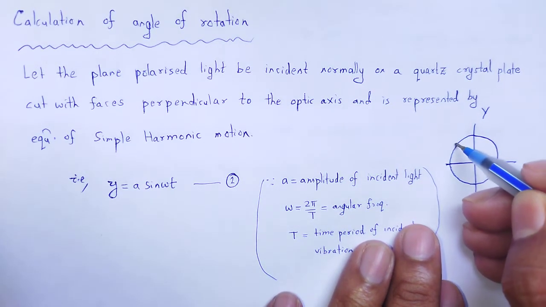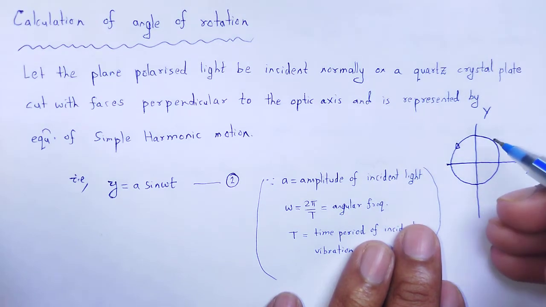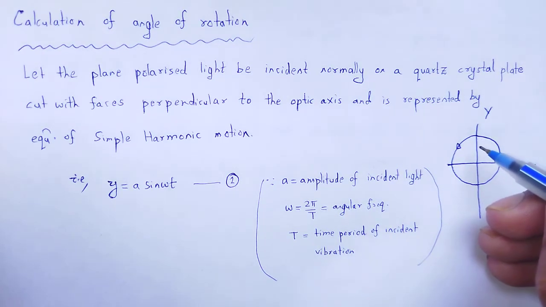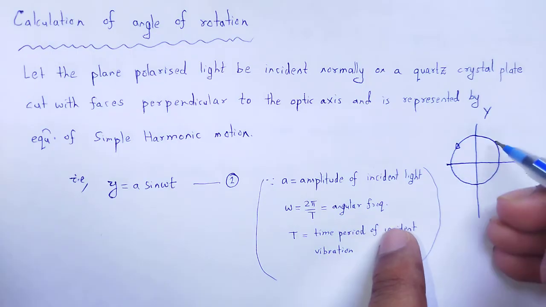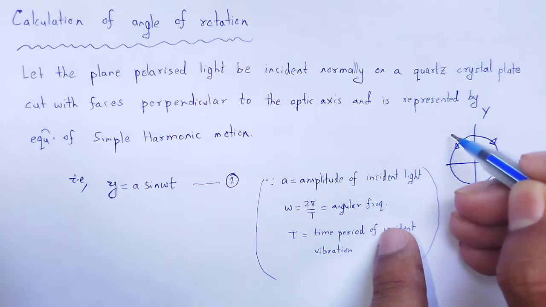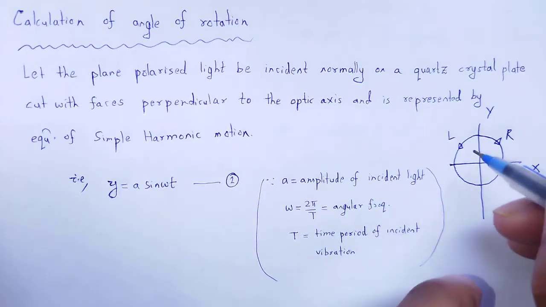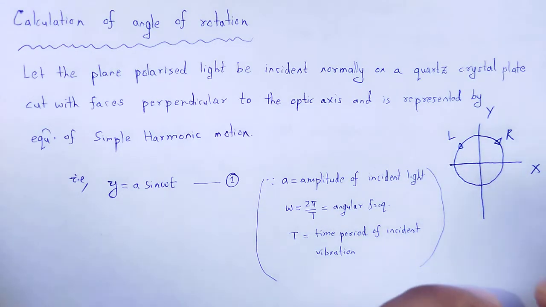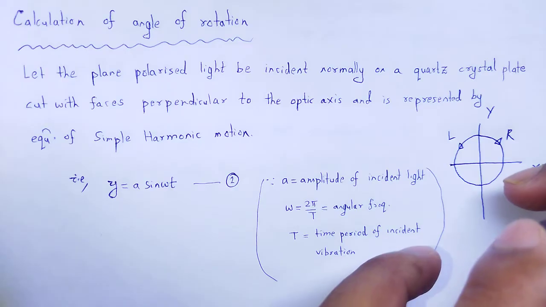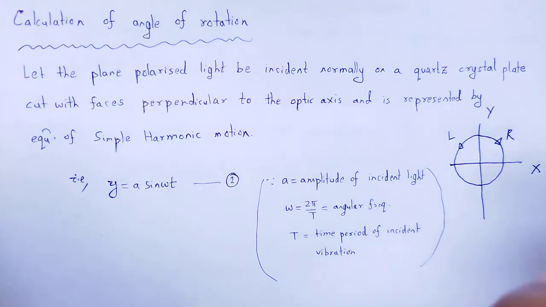Then it is divided into two components according to Fresnel's assumption. One is left handed, another one is right handed. Due to the difference in velocities of these two circularly polarized components, there will be a phase difference.